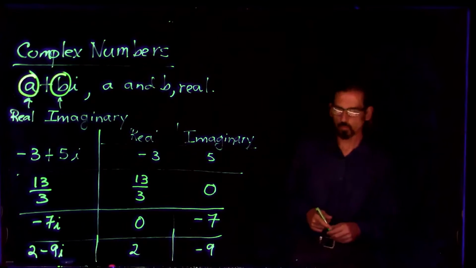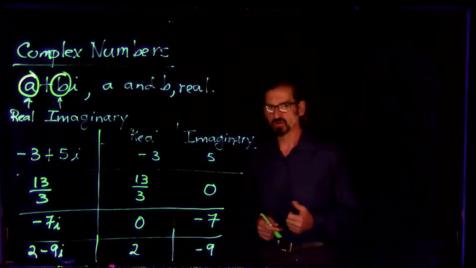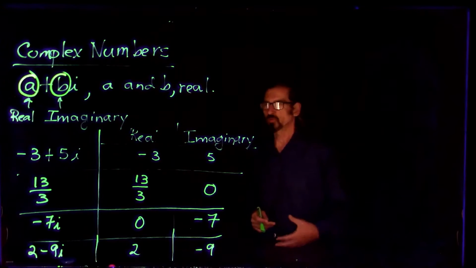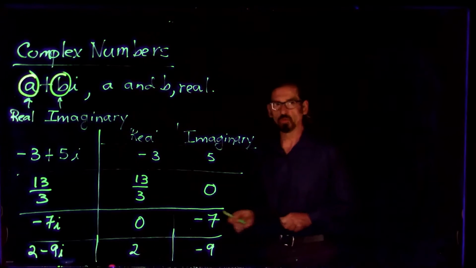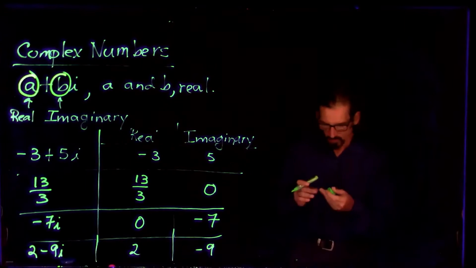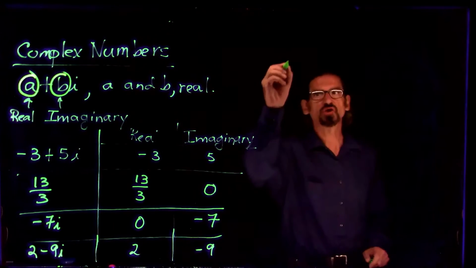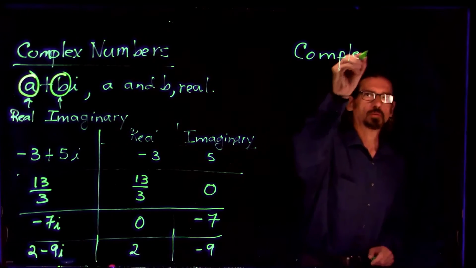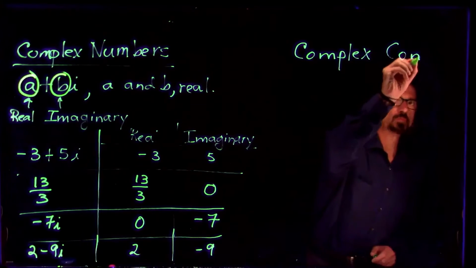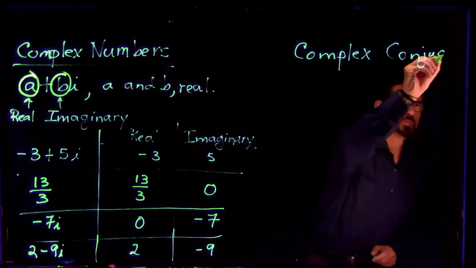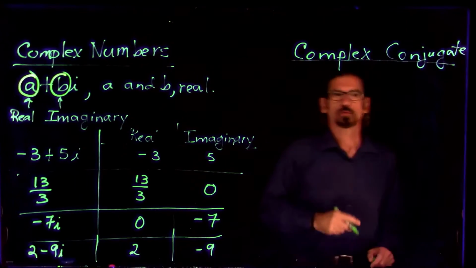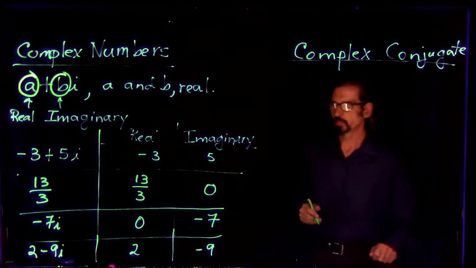Before getting into performing operations of arithmetic with imaginary numbers, complex numbers, we have a little bit more to do with definitions. We're going to define a complex conjugate. The idea of a conjugate came up a little bit earlier in this chapter. Something similar is going on here.